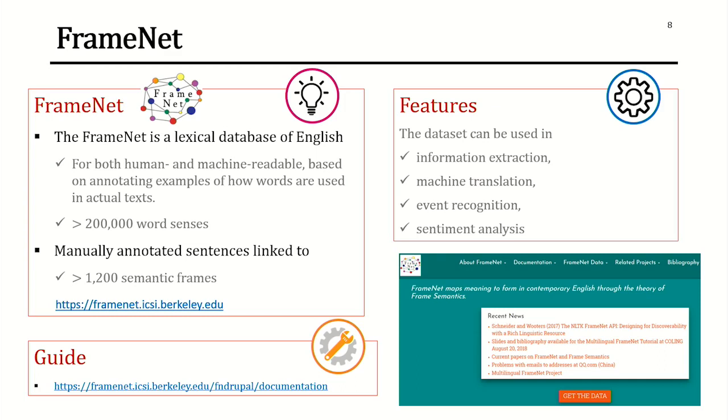The data from FrameNet can be used to perform tasks such as information extraction, machine translation, event recognition, as well as sentiment analysis. So even though we have a lot of data, it can be used in particular areas only, because most of the data are designed for these NLP tasks.